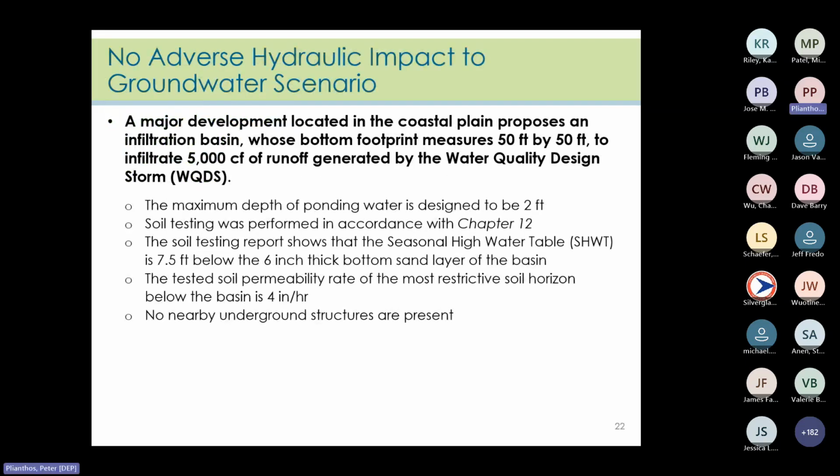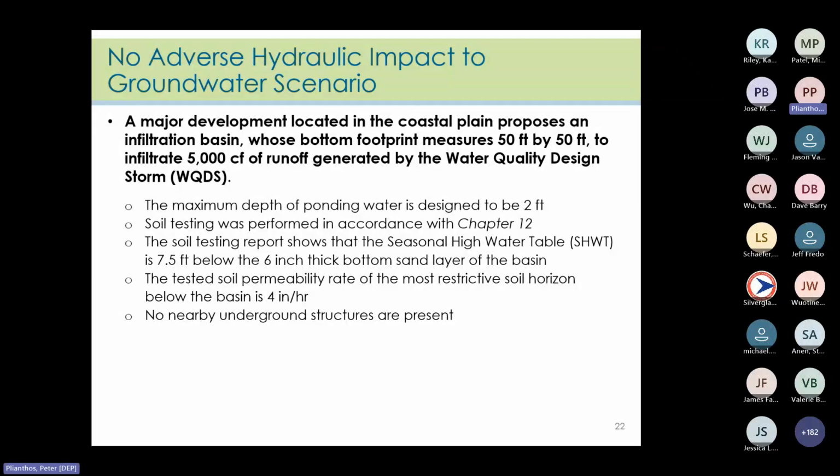For the first example, a major development located in the coastal plain proposes an infiltration basin, whose bottom footprint measures 50 feet by 50 feet, to infiltrate 5,000 cubic feet of runoff generated by the water quality design storm. The maximum depth of ponding water is designed to be 2 feet.